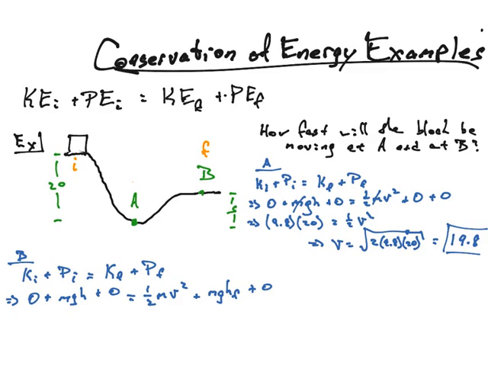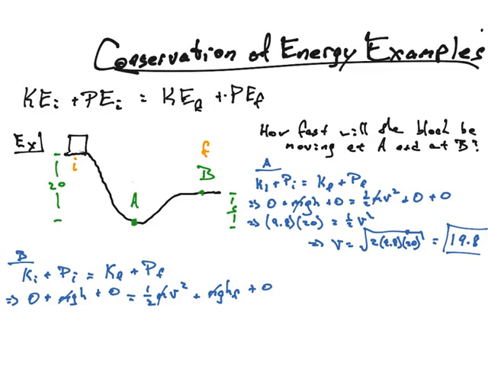Now let's look, is there anything that could cancel out? Remember, the only time something can cancel out is if every single term has it. Not just 2, not just 1, but all of them. So let's look. There's an M on the first MGH, there's an M on MV squared, there's an M on MGH final. Yep, so there's an M on every term. All the M's will cancel out.